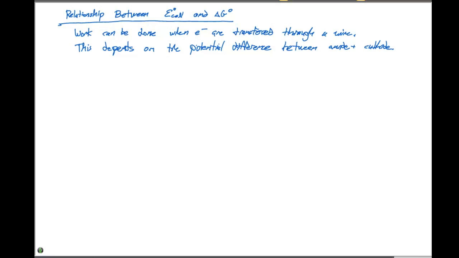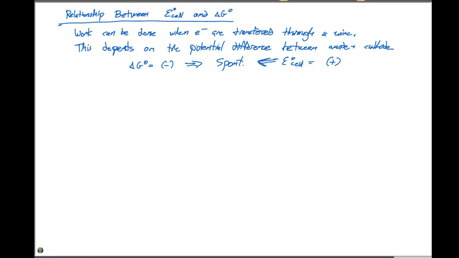And we're going to observe a thermodynamic driving force. That driving force comes when delta G naught is equal to a negative value. We say this is a spontaneous process. We also say that when the standard cell potential is positive, we get a spontaneous process. So these two have to be related.